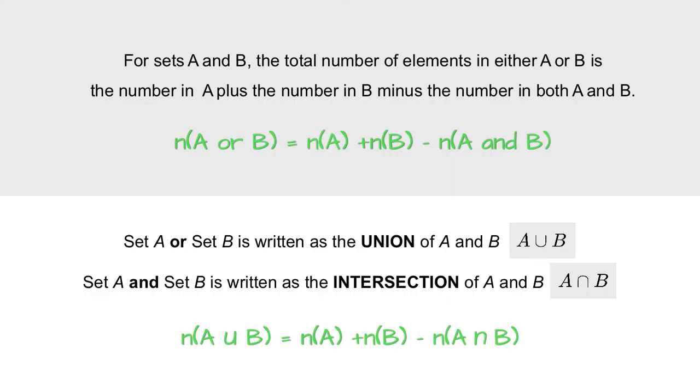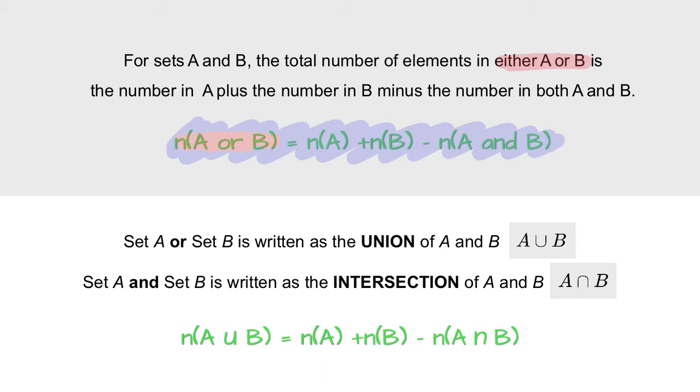Looking at the nomenclature, there's a couple different ways to illustrate what we just did. We could use words. So in this case, for sets A and B, the total number of elements in either A or B is the number in A plus the number in B minus the number in both A and B. So those are the words.